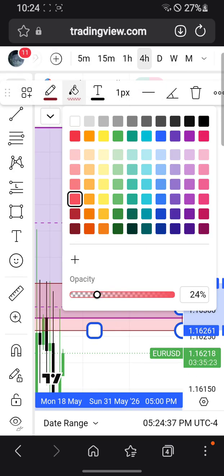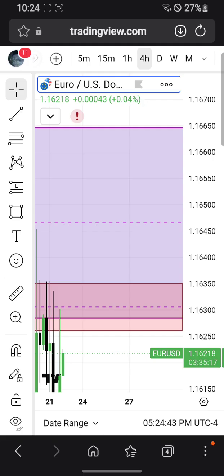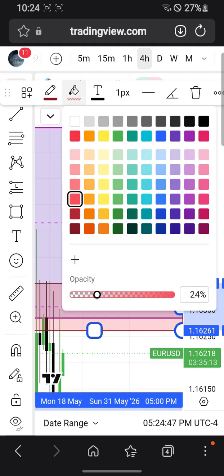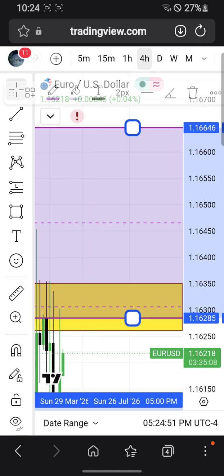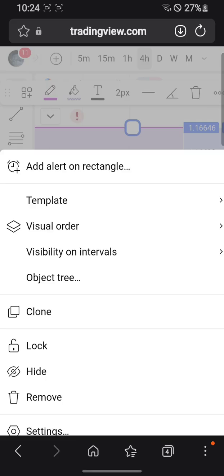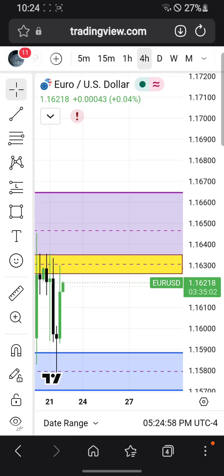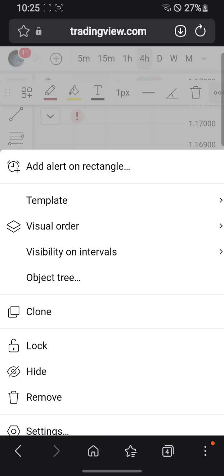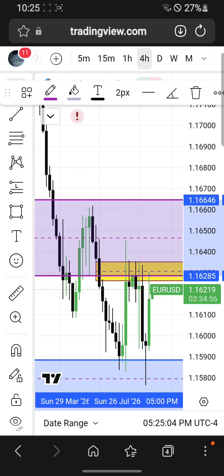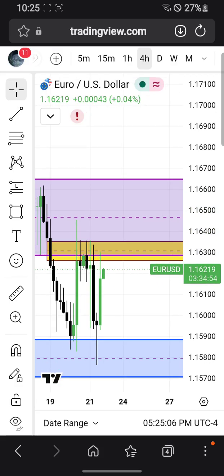Pay attention to this level now. Let me put it in yellow color.